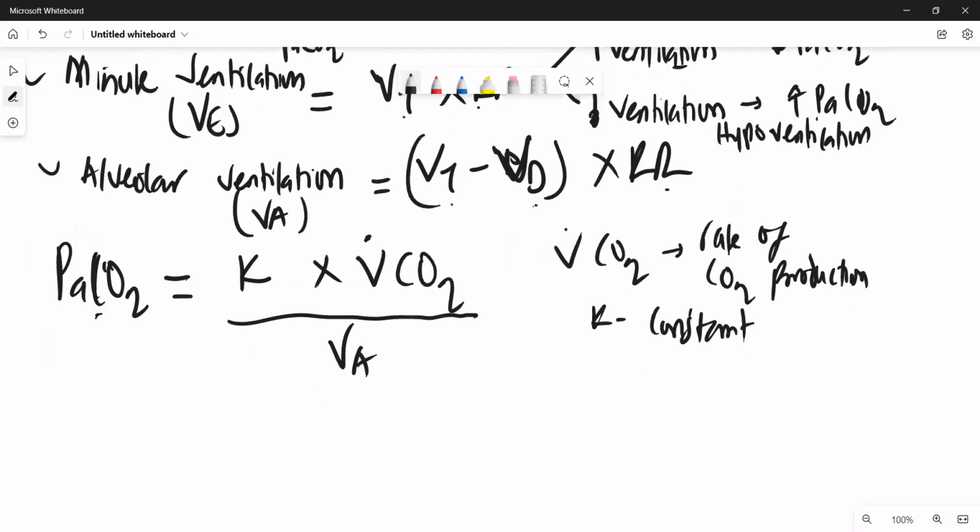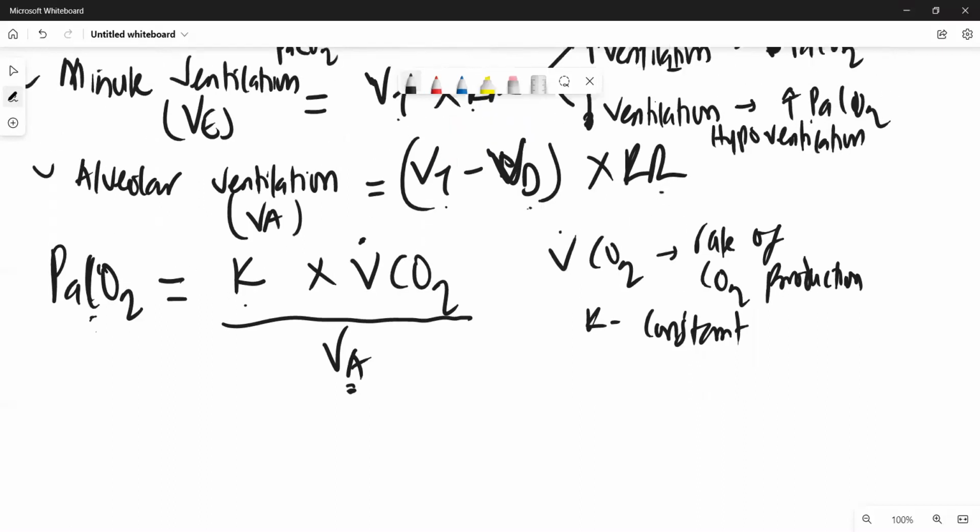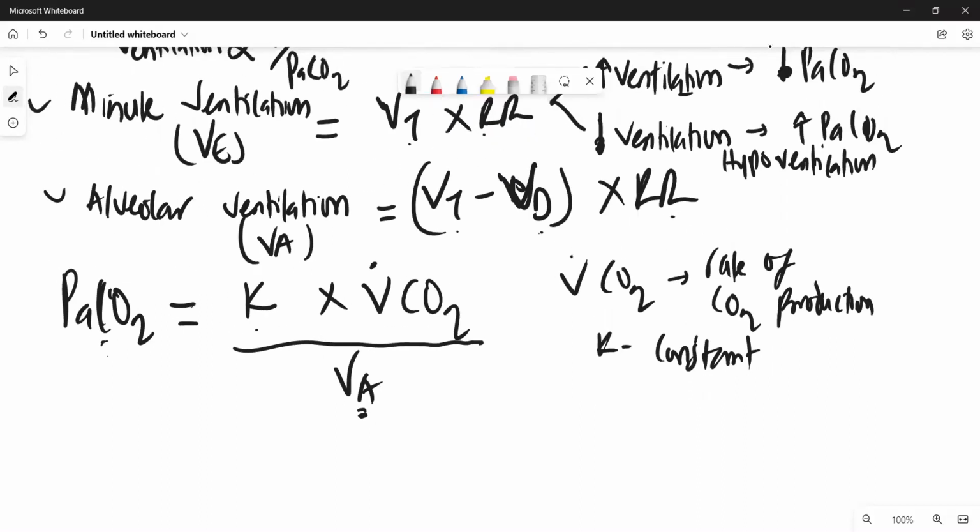So having said that, let's come back to this formula. PaCO2 equals our constant multiplied by the rate of carbon dioxide production divided by our alveolar ventilation, right? And the alveolar ventilation, let's relate it to minute ventilation.